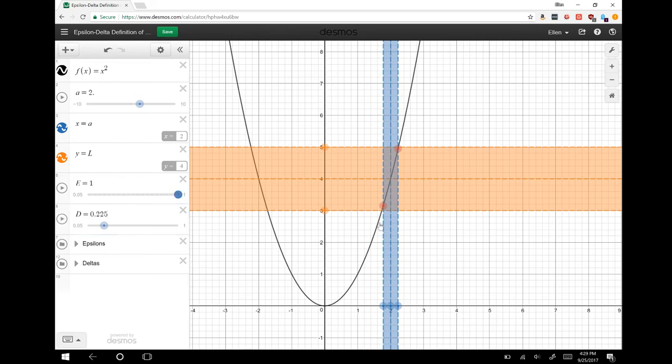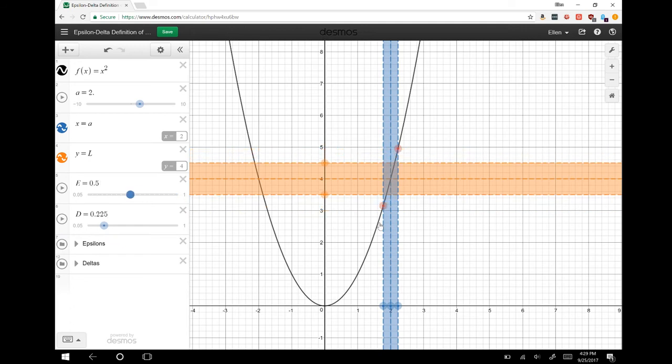Now, if I take epsilon and cut it in half, let's set it to 0.5, that same delta doesn't work anymore because my y values are outside of the orange window. But if I slide them in, let's slide that a little bit smaller.